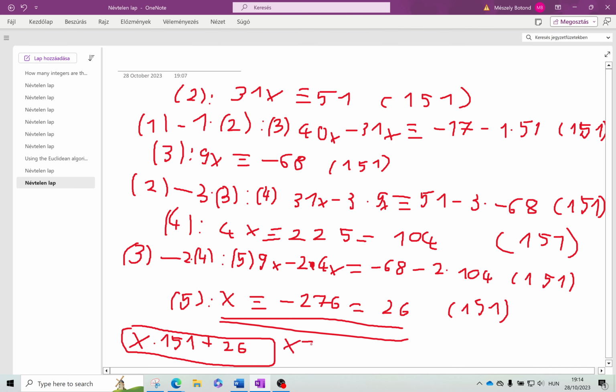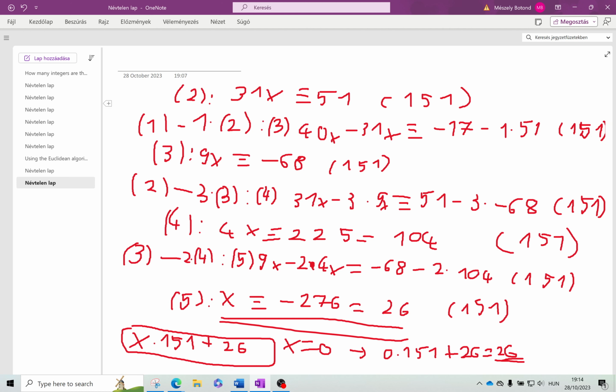If x equals 0, then 0 times 151 plus 26 equals 26. So this is one of our solutions.